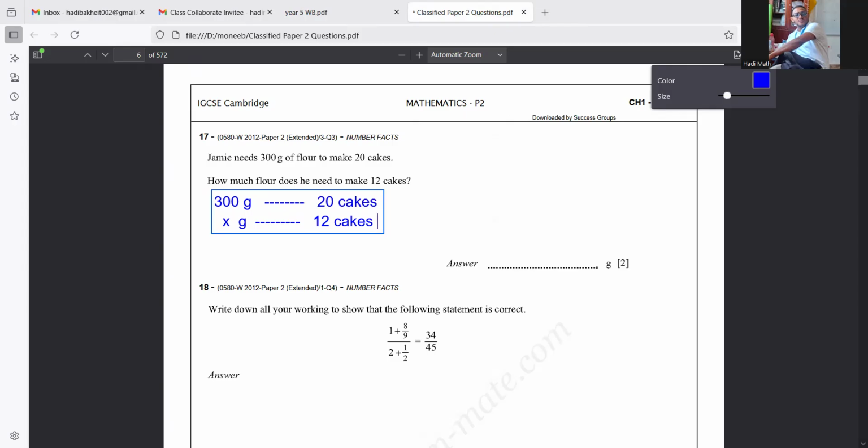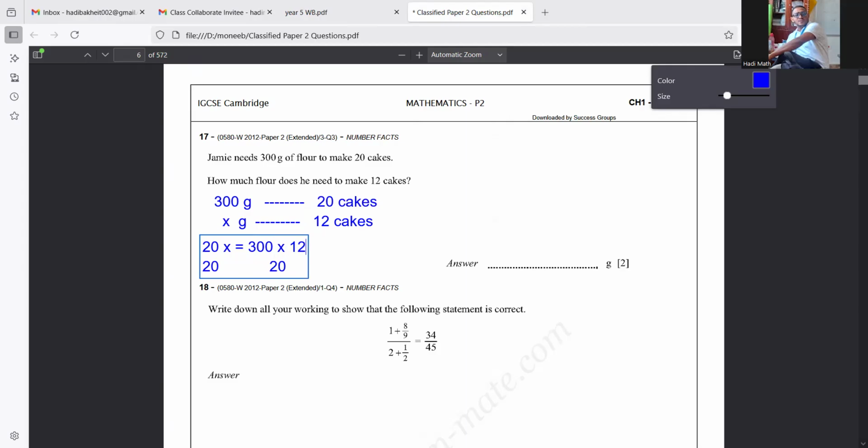As long as this is direct proportion, you do cross multiplication. It's going to be X multiplied by 20 is equal to 300 multiplied by 12. X multiplied by 20 will give you 20X, which is equal to 300 multiplied by 12. And to find the value of X, you divide both sides by 20. Multiply 300 by 12, then divide by 20.